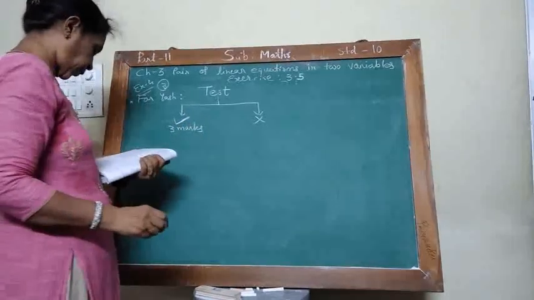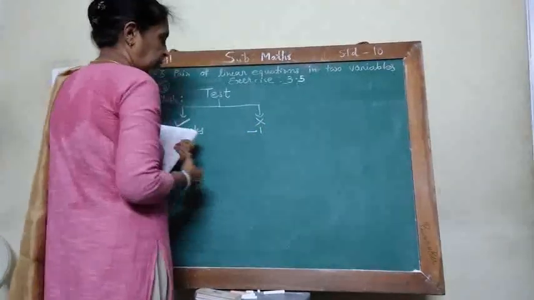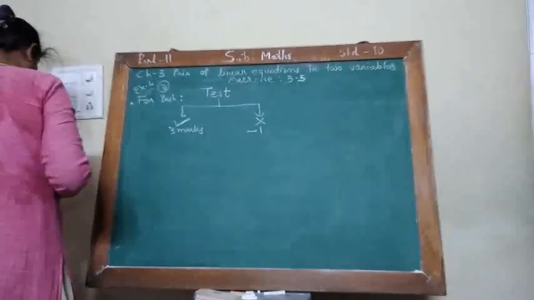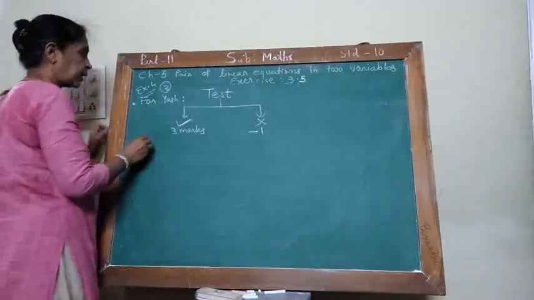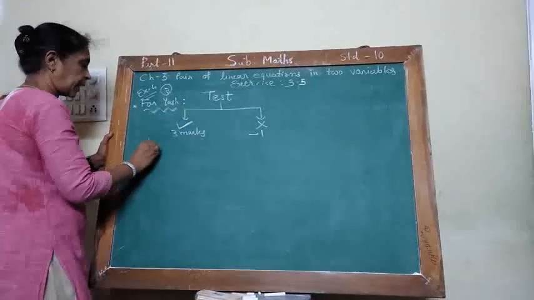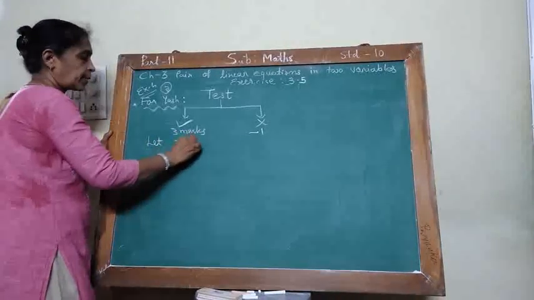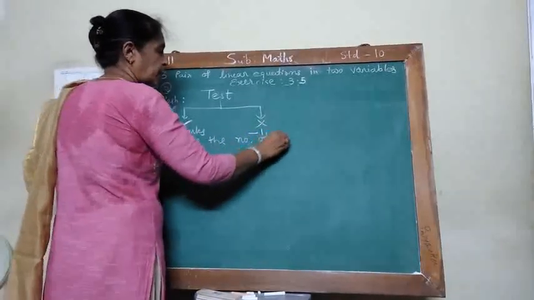And if it is wrong, then you lose 1 mark, means negative mark, minus 1 for each wrong answer. Clear? So here for yes you have to write the test and you have to write the rate. Let x be the number of correct answers.